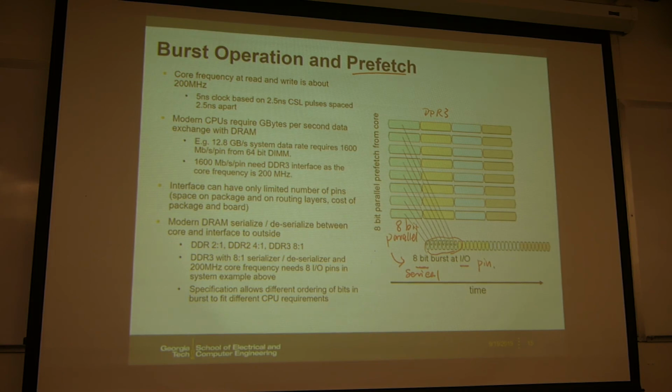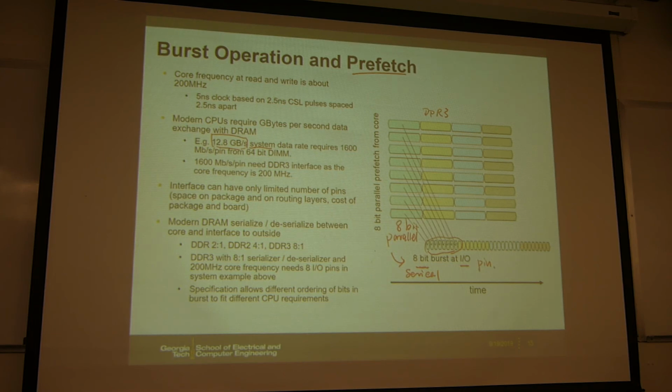So here we can look at some numbers to give you a better idea. For example, if your system calls for 12.8 gigabytes per second, that means your processor on-chip cache calls for this kind of bandwidth from your DRAM.